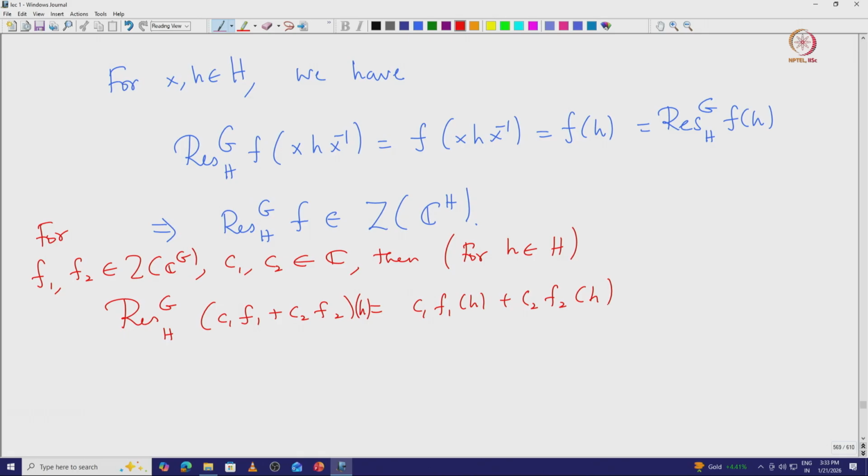That is exactly the definition of c1 times the restriction Res^G_H f1 of h plus c2 times the restriction Res^G_H f2 of h.